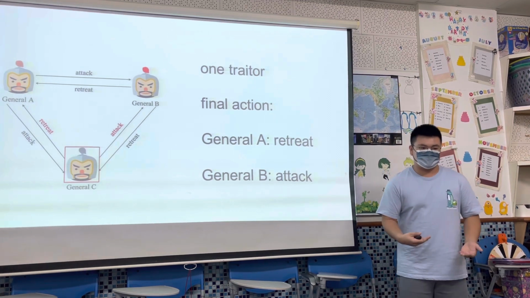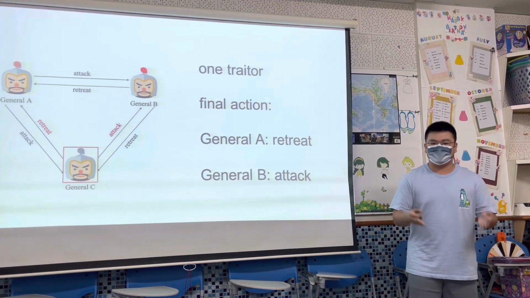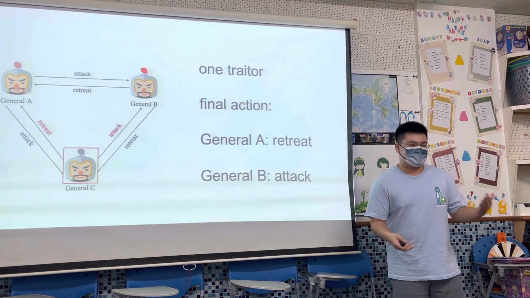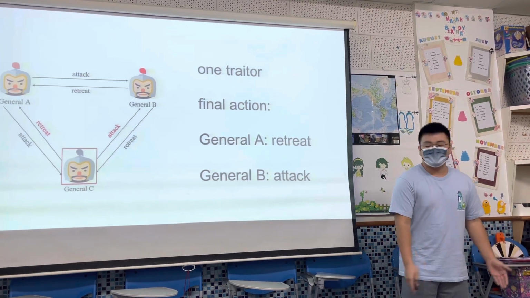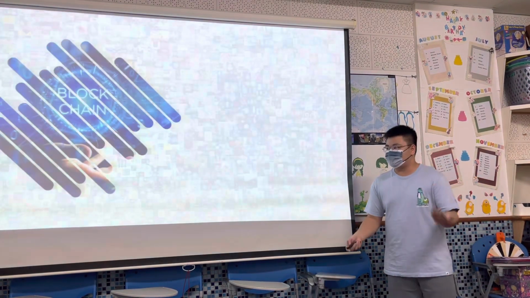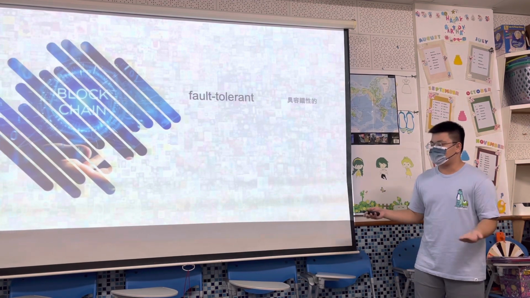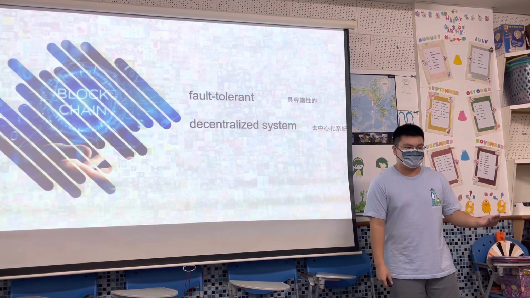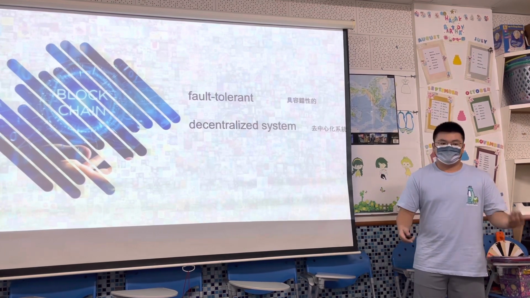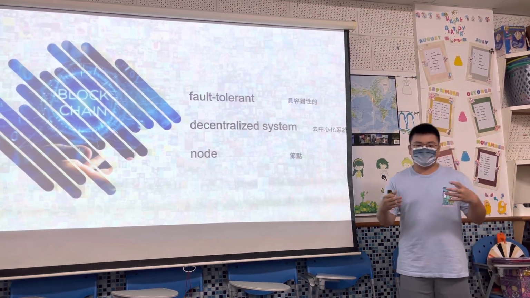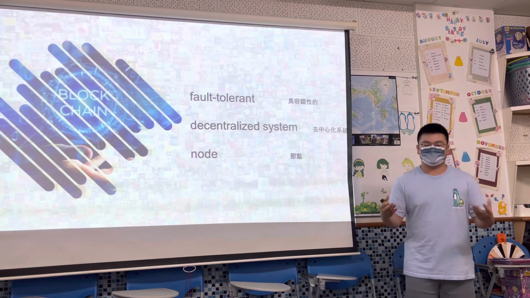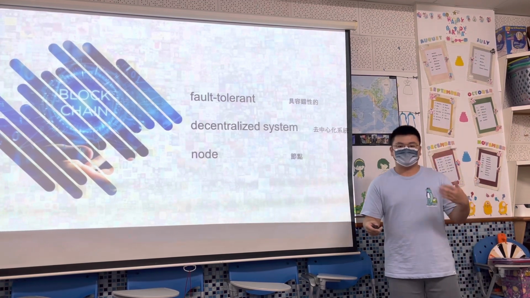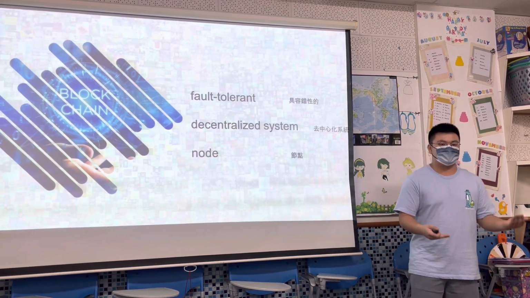And according to what I said, they will only succeed when they do the same thing together. This is why blockchain is important now, because it is a fault-tolerant and decentralized system. By using many nodes in this system, even though some nodes fail, it can still ensure the operation of the system.